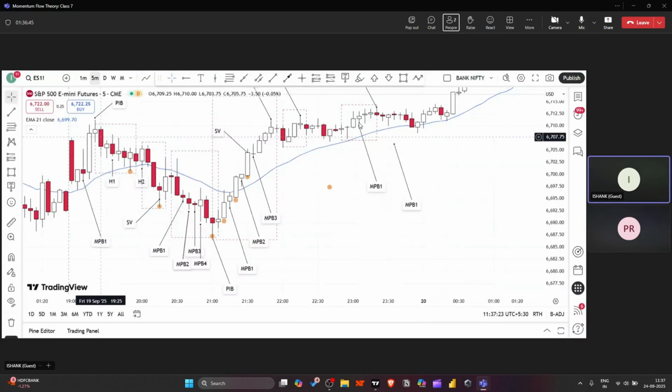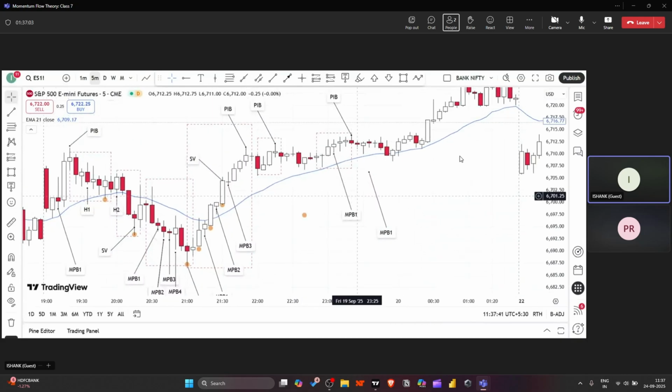Here, after MPB1, the IPB comes after a breakout bar, not before. After an MPB, we are supposed to get another breakout and then an MPB or a PIB. But here, after an MPB, we are getting one more MPB.